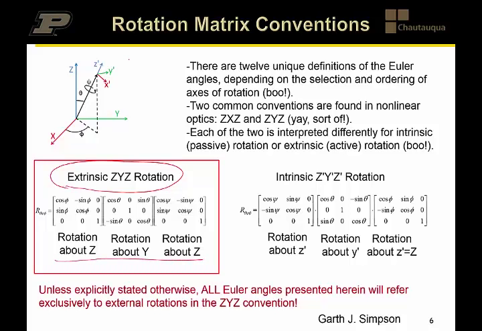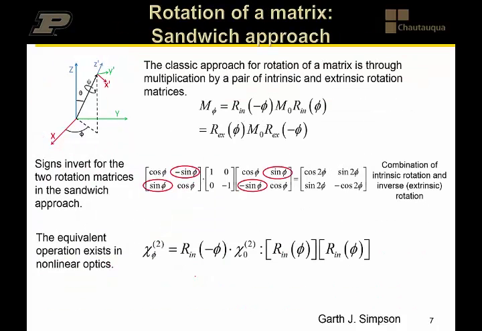If you look at this particular diagram and ask, if you were to project the molecular X prime, Y prime, Z prime coordinates onto the laboratory capital XYZ frame, what would the projections be? That you can get from the extrinsic ZYZ rotation that we will be using. And unless we say something else, we'll always be doing that. So that's rotation of a vector.